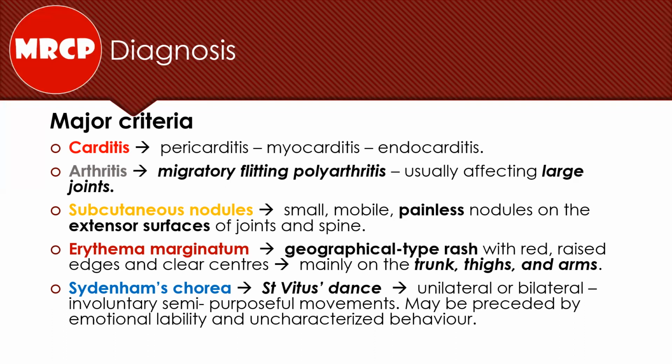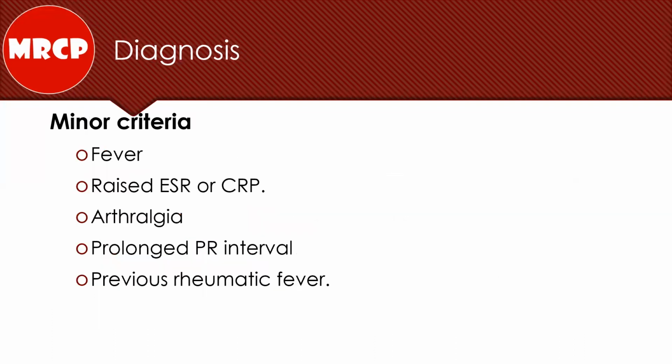Sometimes he cries, sometimes he laughs, sometimes he is happy, because he's emotionally unstable and has uncharacterized behavior. As we proceed in the slides of this presentation, I will show you some photos and some illustrations about Sydenham's chorea and other abnormalities.